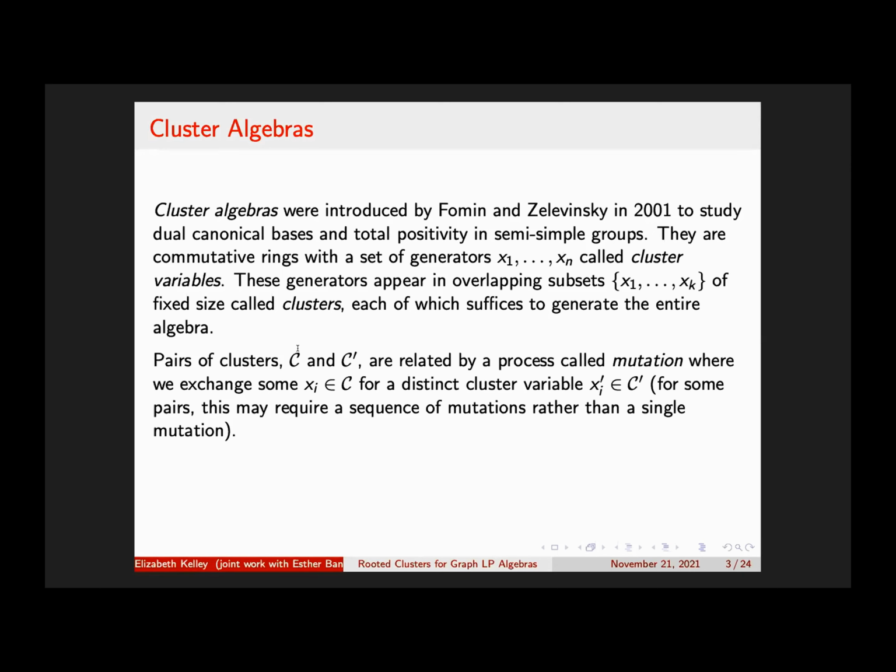So if I've got one cluster C and I want to move to a new cluster C prime, I do that by a process called mutation, where I take a cluster variable in one cluster, and there's a unique way to exchange it for a distinct cluster variable in a cluster that it's related to by a single mutation.